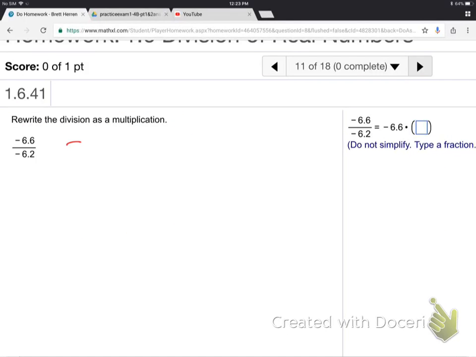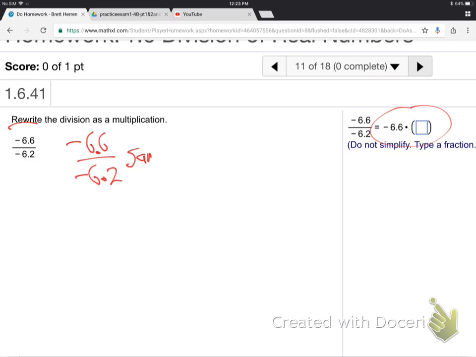All right, so they have a minus 6.6 over minus 6.2. And again, rewrite. See over here what they want me to do? They want me to rewrite it as a multiplication problem. So maybe it would help if I wrote it out sideways for you instead of vertical.